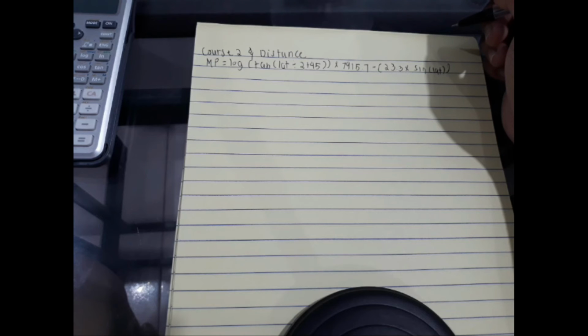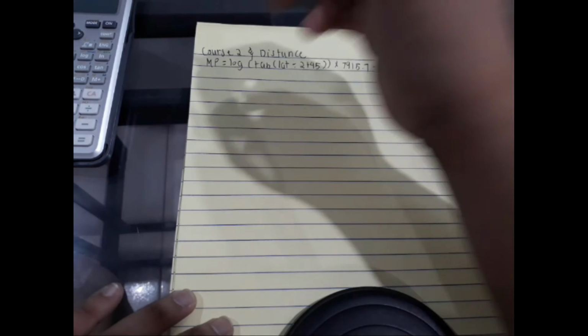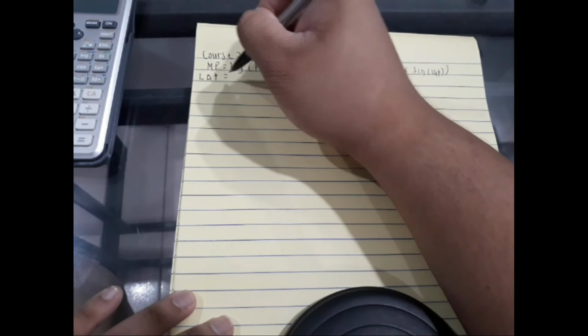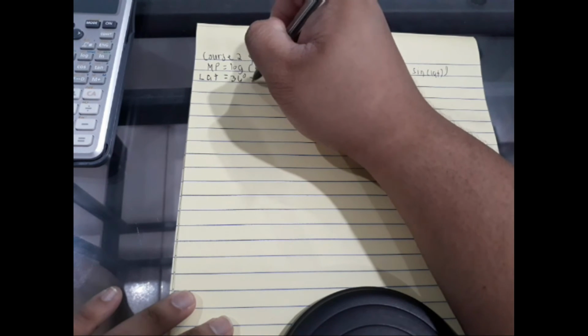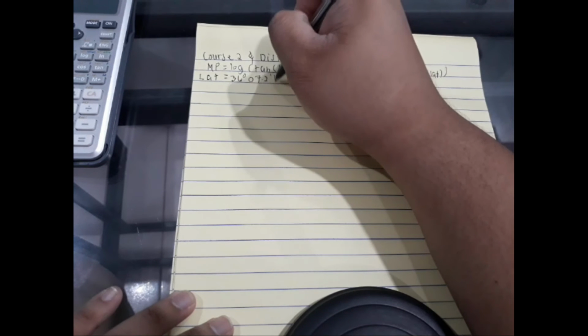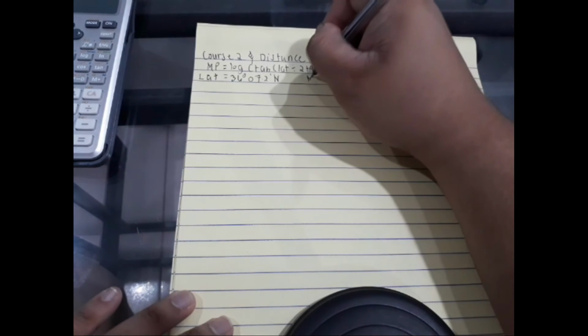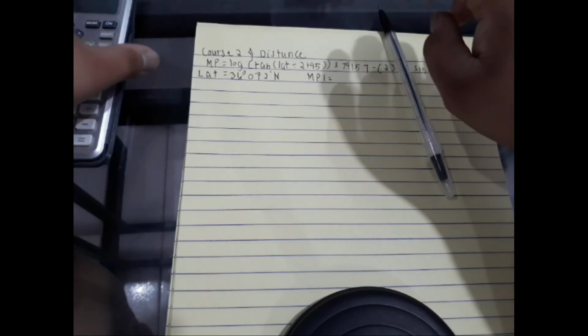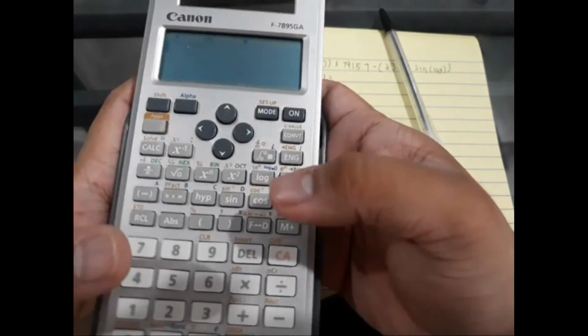So the first thing we're going to find is, of course, we need to put the lat 1 here. The lat 1 is equal to 36 degrees and 07.2 north, and we need to find its MP1. So we're going to use the calculator.